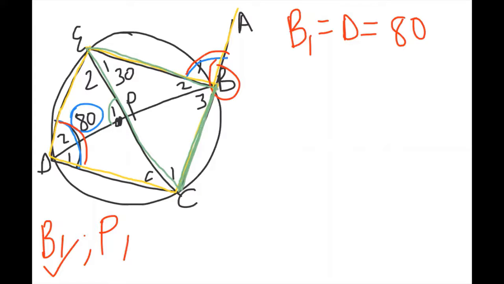Let's write this down, E1. So this green chord extends to E1, and the same green chord extends to D1 as well. So we can say that E1 equals D1. The reason is two angles supported by the same chord. That's the reason we can give.